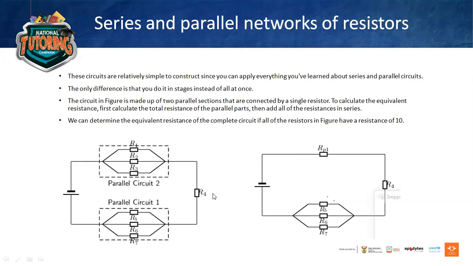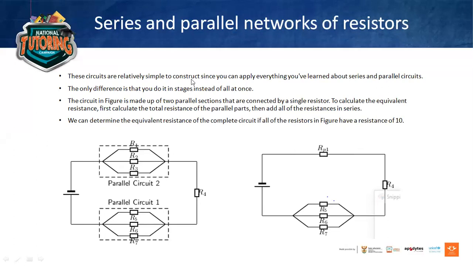So basically what we want to do, we want to only have one block. Okay, so what we have to do is calculate the parallel circuit here and make it one block, calculate the parallel branch here and make it one block, and then you're going to have R parallel 1 plus R4 plus R parallel 2. Okay, so this is how we work about it.